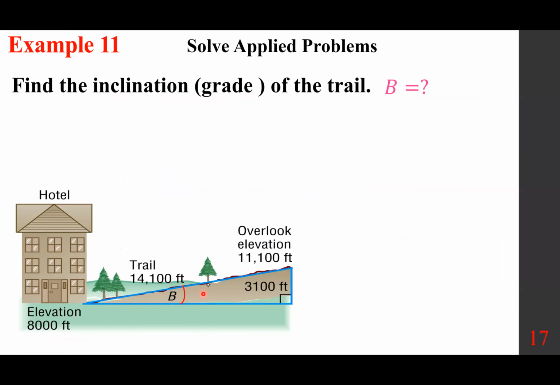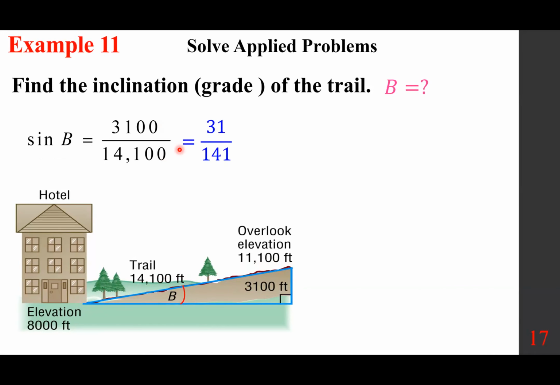The angle B. Well, if you look at this triangle, sine of B is the opposite, which is 3,100, over the hypotenuse, which is 14,100. And we can drop the two zeros.